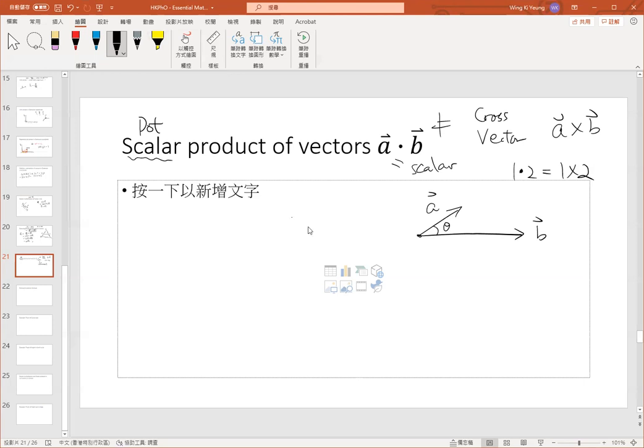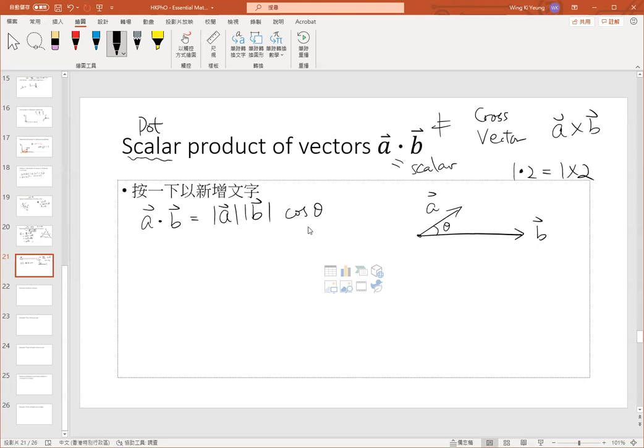So vector A dot B has a magnitude: magnitude A times magnitude B times cosine theta. That is how we define A dot B.